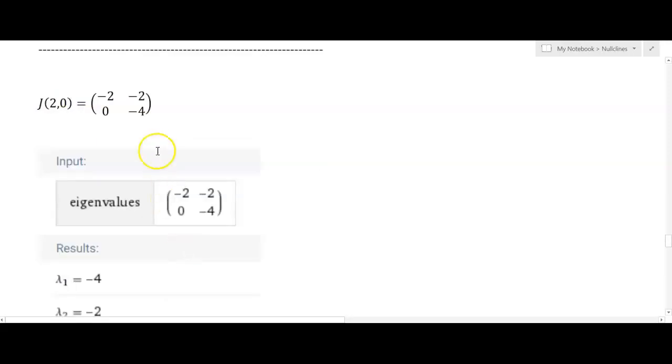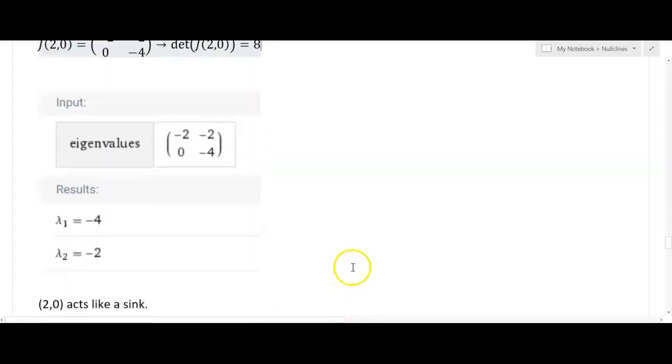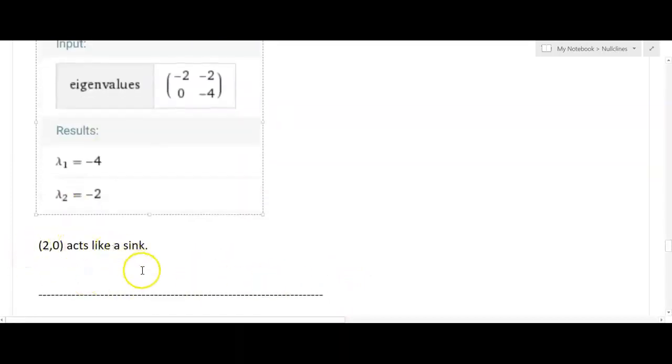And finally, (2, 0) is another equilibrium point, and the determinant of J(2, 0) is equal to positive 8: negative 2 times negative 4 minus 0. So we can proceed. The eigenvalues are both negative, and so (2, 0) acts like a sink.